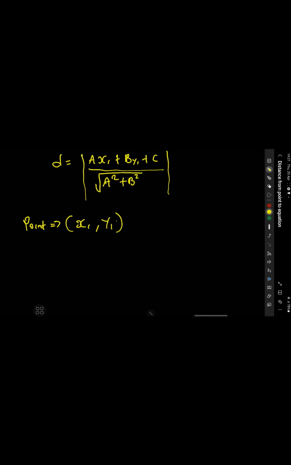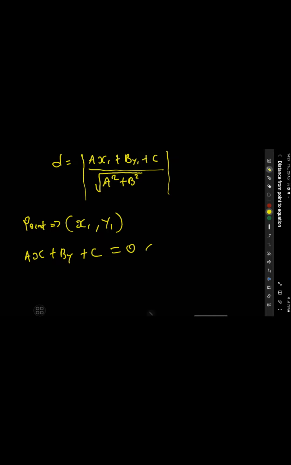So the coordinates for that point will be our guide to placing our x1 and y1 in this equation. Then the equation of a straight line must be written in this format, which is ax plus by plus c is equal to 0. So everything I've written here should be our guide in solving the distance of a point from a straight line.